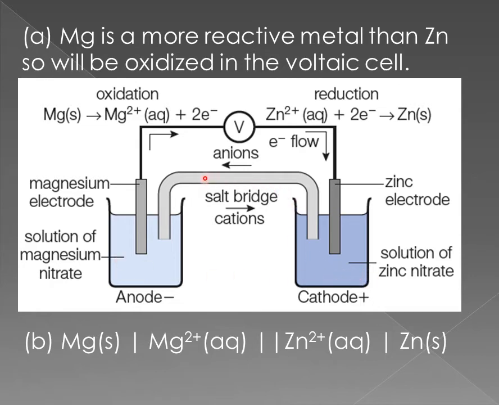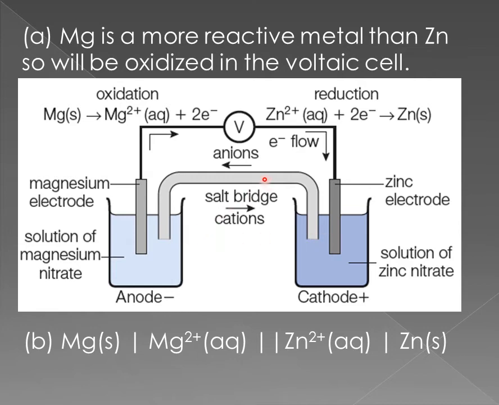And in the salt bridge, the anions will move in this direction, and the cations will move in this direction toward the half cell of the cathode. And cations will move this direction to compensate for zinc ion, which will be reduced and precipitate on the cathode electrode.